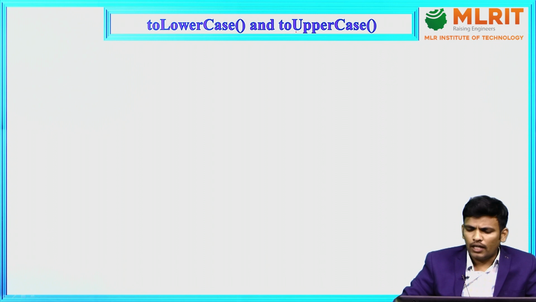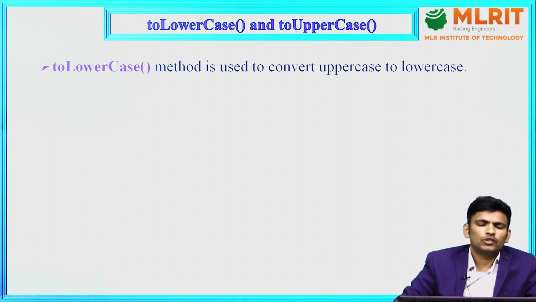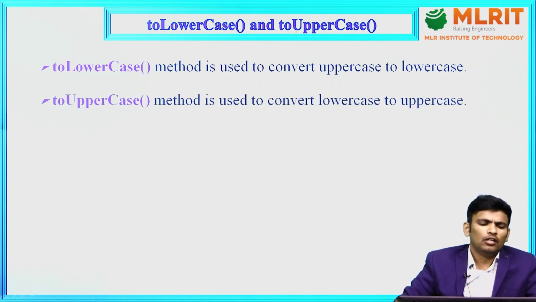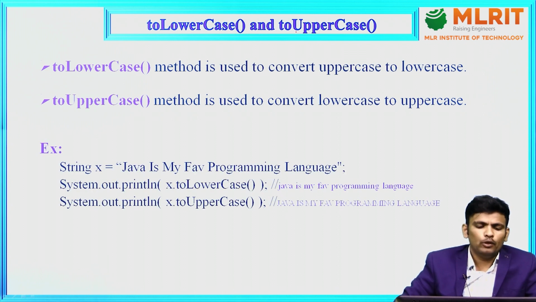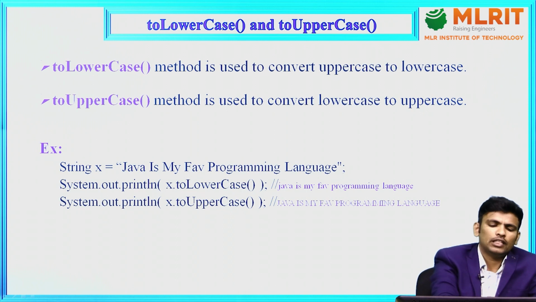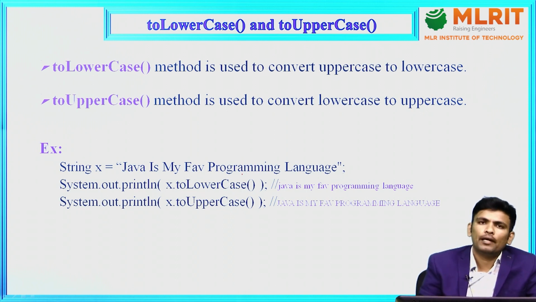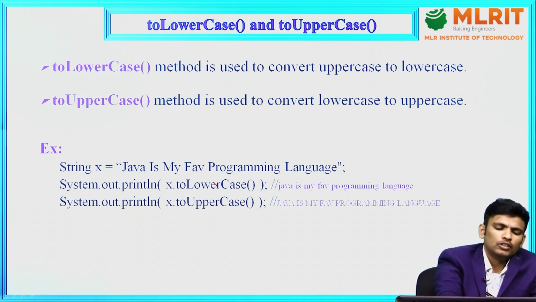So toLowerCase and toUpperCase are very easy. As the name suggests, toLowerCase converts characters to lowercase, and toUpperCase converts characters to uppercase. Suppose you take an example: here I have some content like Java Is My Favorite Programming Language. If you observe, every word's starting letter is a capital.